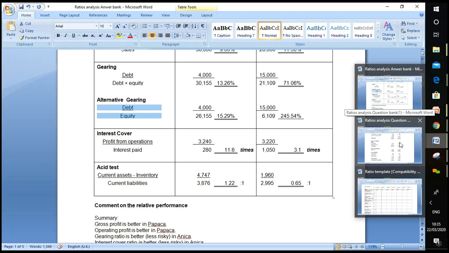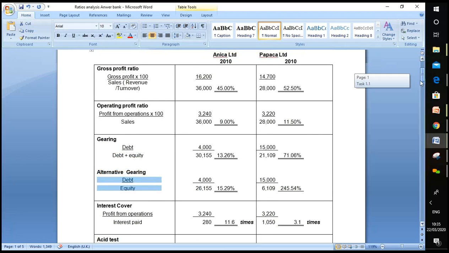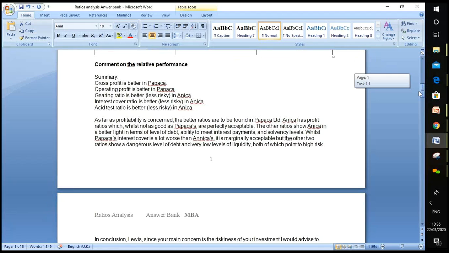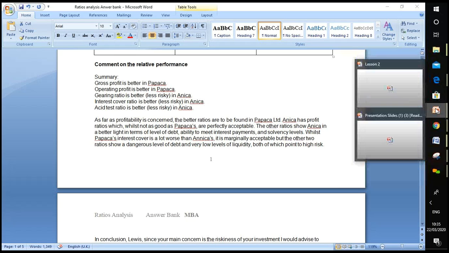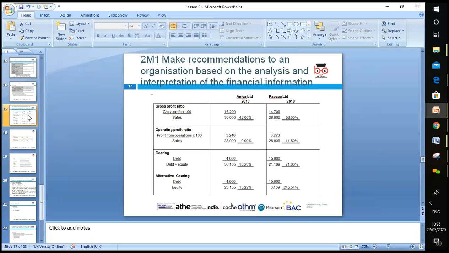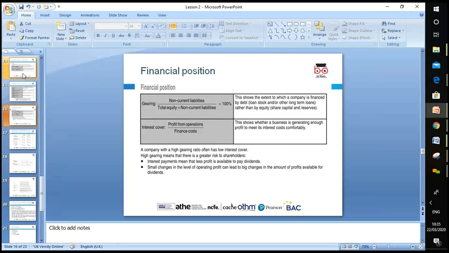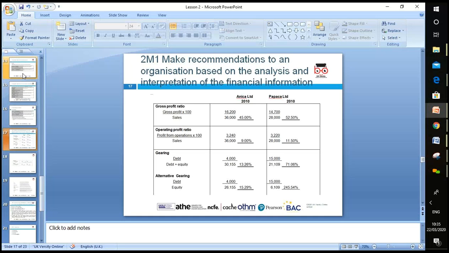Okay, then we can go through other ratios: interest cover ratios, trade receivable days and trade payable days. Then we have LO and 2.1, that we discussed. We can interpret the information, and then we have a merit criteria, make a recommendation. Can you make a recommendation on which company you would invest in?